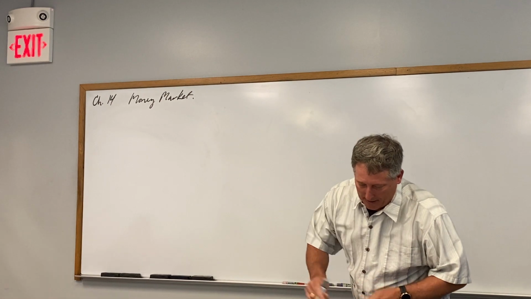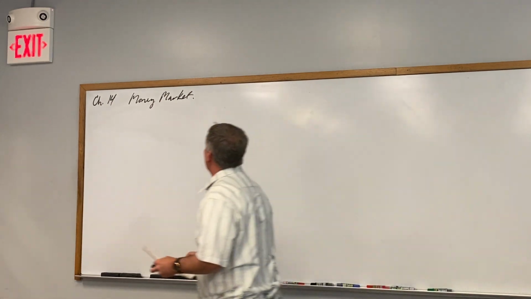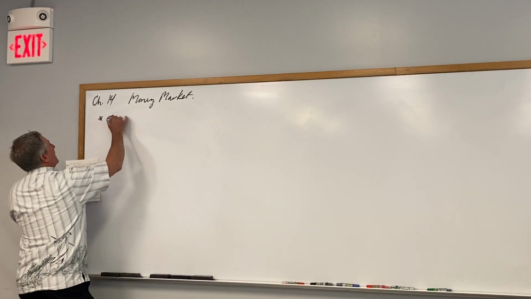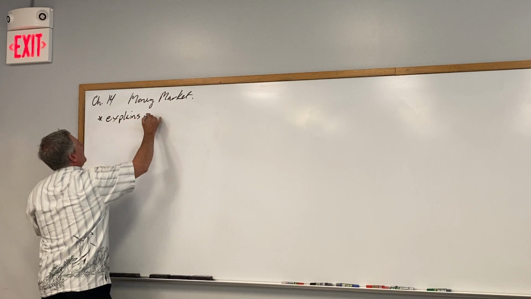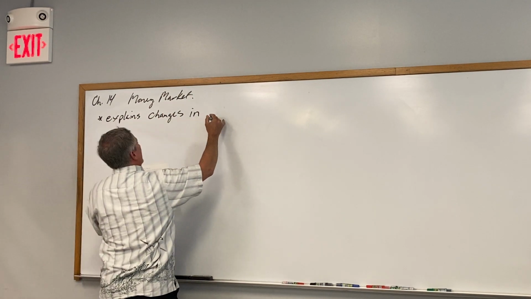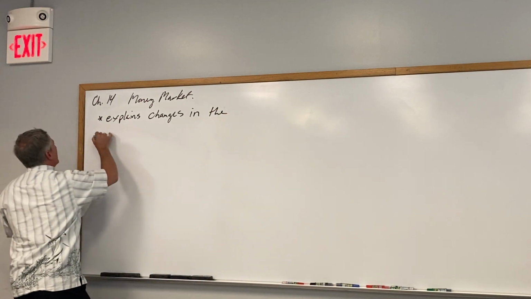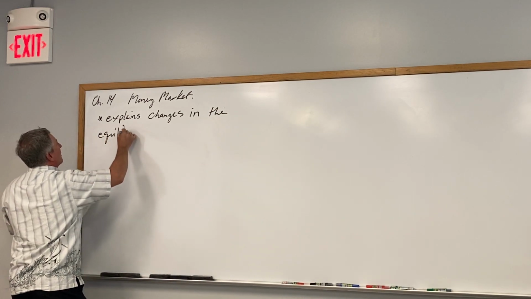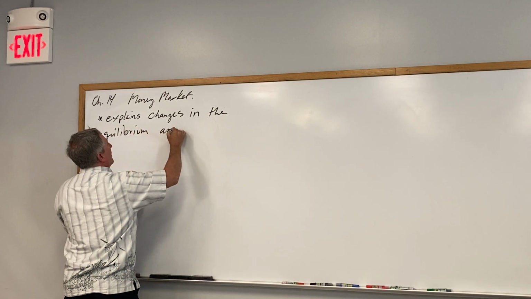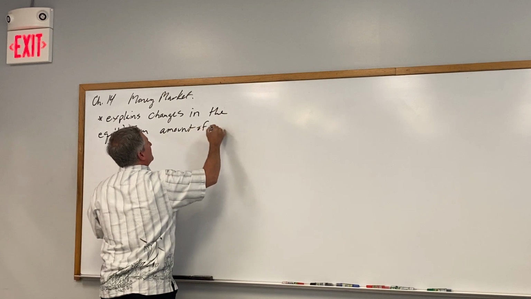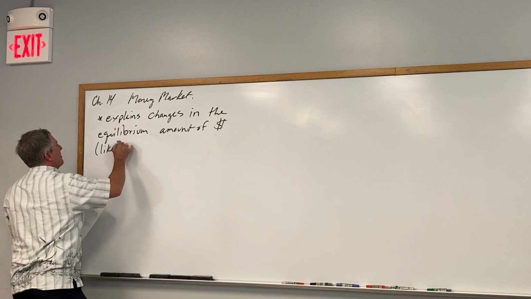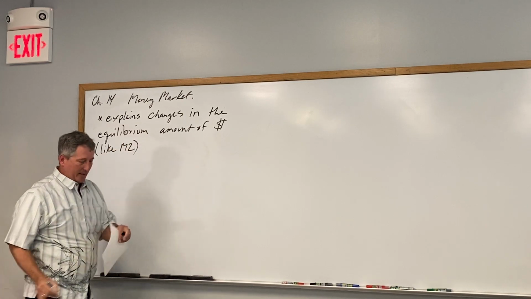So we're going to hit the money market here. So the money market explains changes in the equilibrium amount of money. I'll put in parentheses like M2 that we learned from last week.